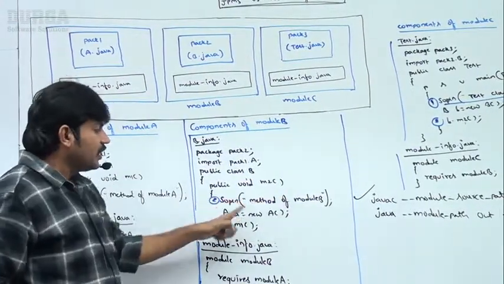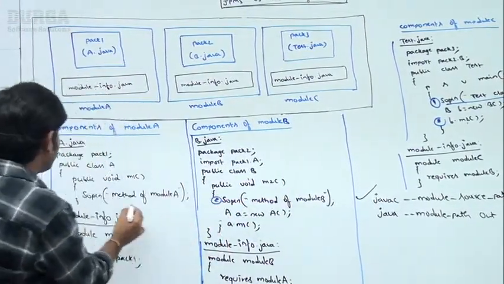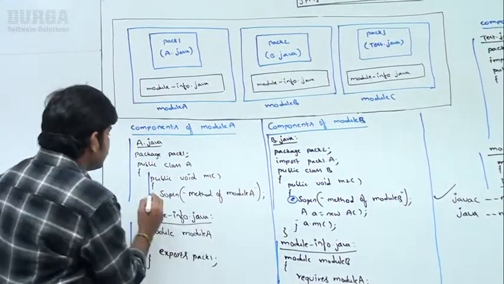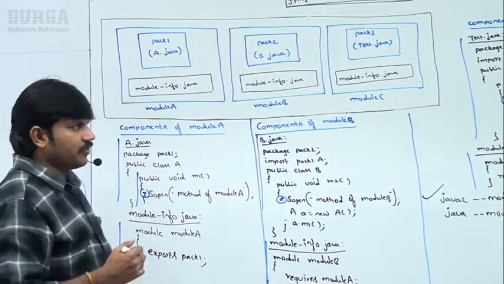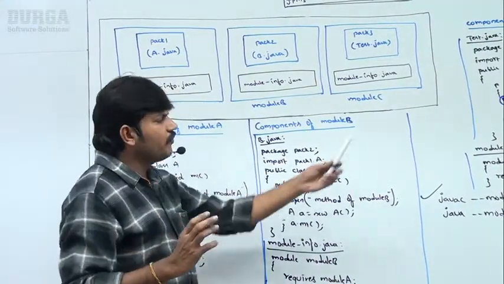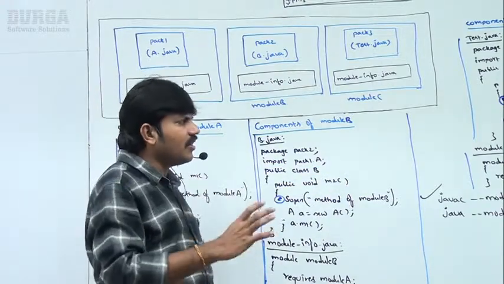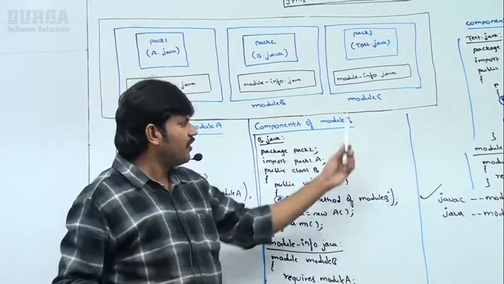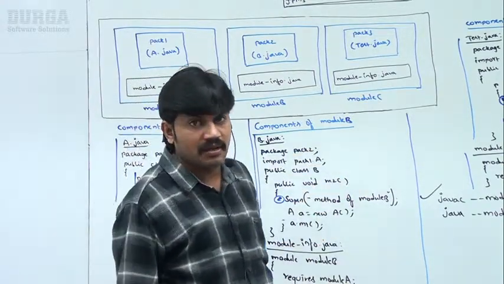Internally, it is going to call the A class M1 method. That's all. The A class M1 method is going to execute. If I run all 3 lines, the output from every method will come, no problem at all.